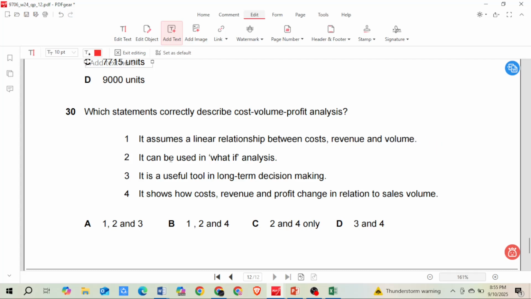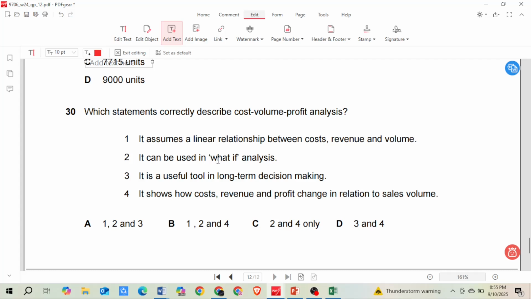Number two says that it can be used in what if analysis. Correct, because in cost volume profit analysis, if I change volume, let's say we are selling 1000 units, we are making a certain amount of profit. Now if we change from 1000 units to 2000 units or 1500 units, what will be the new profit for the business?